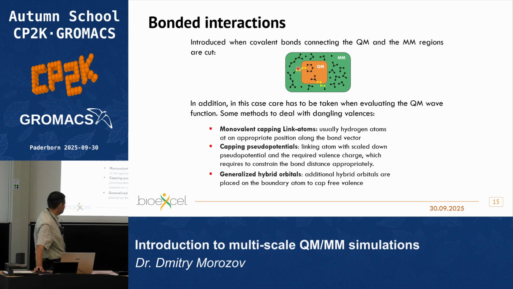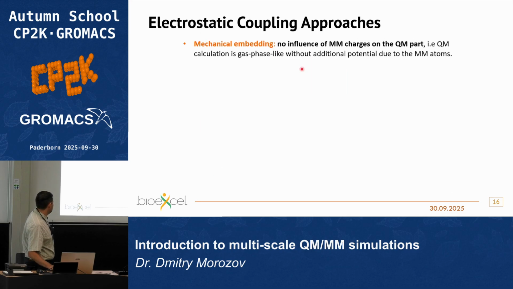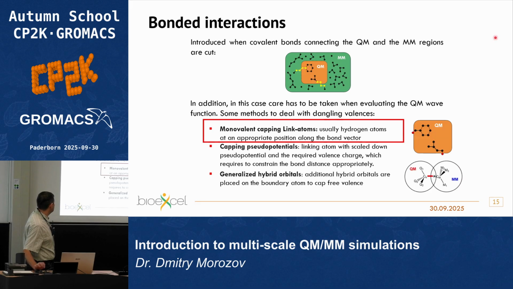How to solve it? There are at least three options for how you can do this, and in most cases QM/MM does the first one. Basically, you add an additional hydrogen atom on the side of this broken bond, also called a link atom. It's a completely fake atom, so it does not exist in reality.